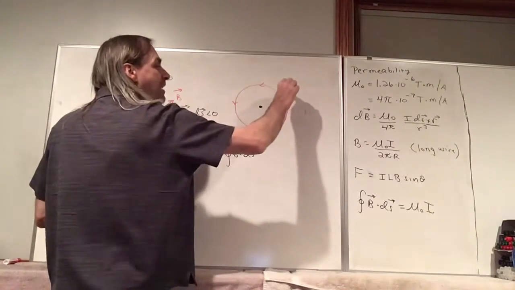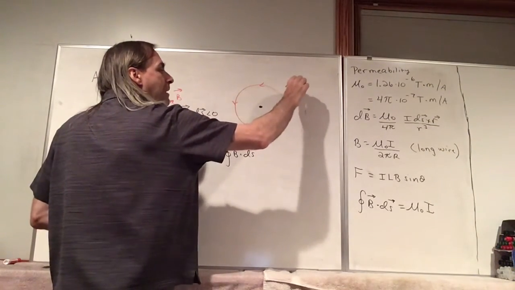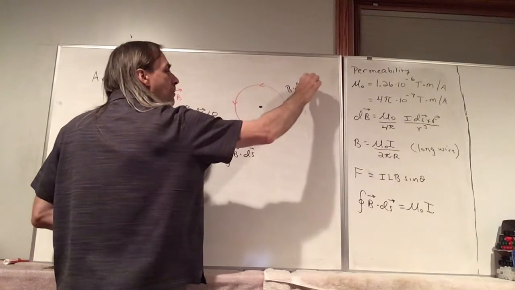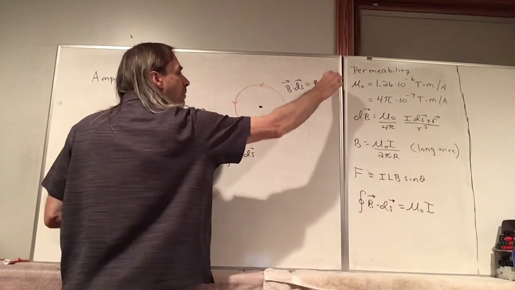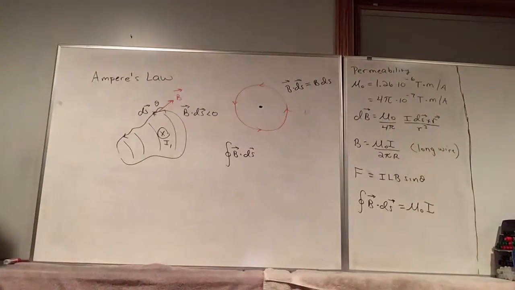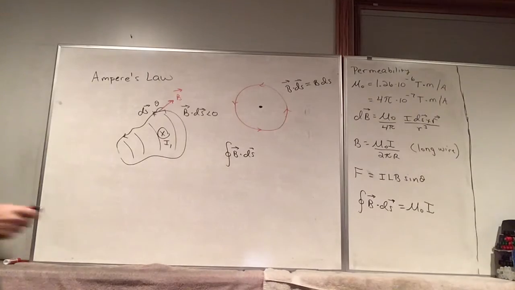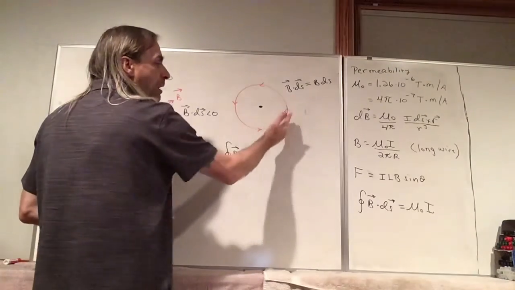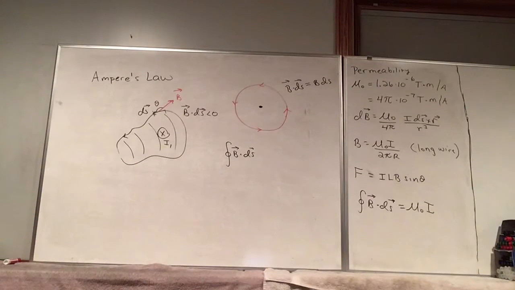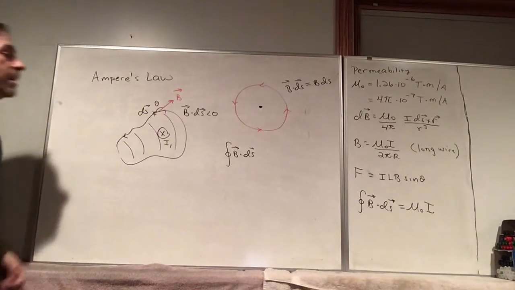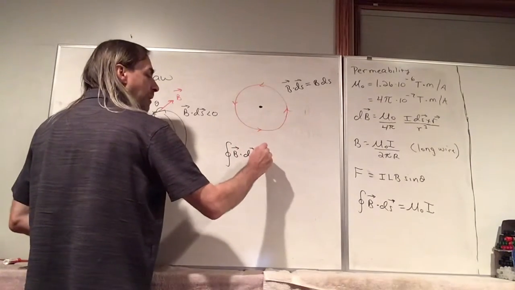In this case, B dot ds is just B ds, because if you look at any segment here, the ds and the B vectors are going to be parallel. And so B dot ds is just B ds. So we can simplify this a little bit.